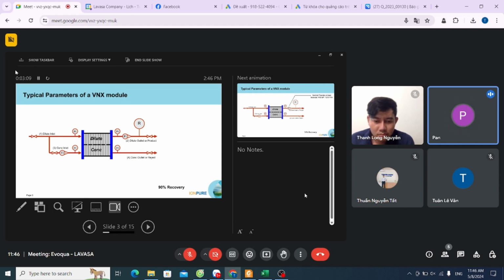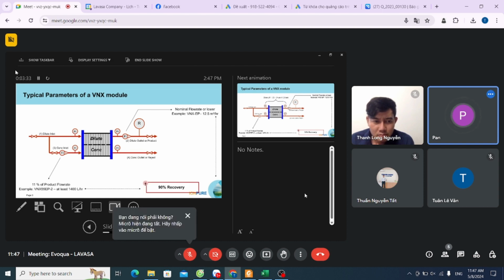Same thing. But then for EDI, there is one more thing. There is the current, there's a voltage, there is a resistance. There is one more thing for you to monitor. Okay, that's because EDI runs on electricity. So when you run the module, only two things. Okay?